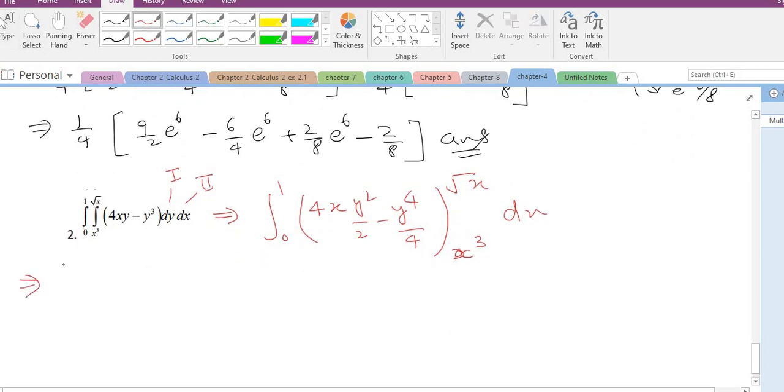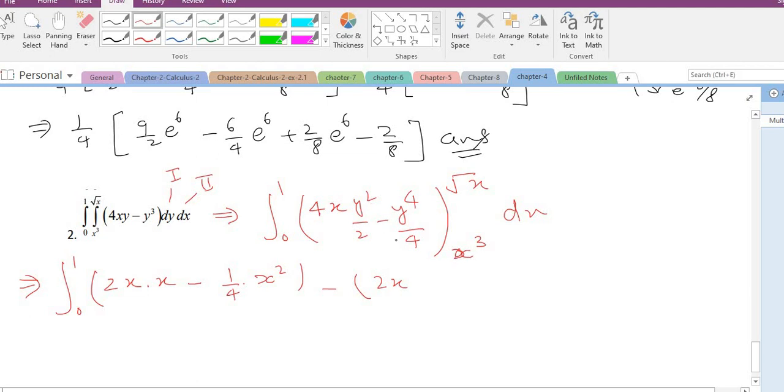So what happens now? 0 to 1, use y as the square root of x. So 4 divided by 2 is 2x, and y square means x, because this is square root of x, minus 1 by 4, y power 4 means square root of x to the power 4, that means x multiplied by x, that means x square, minus 4 divided by 2 means 2x, and here y means x power 3.